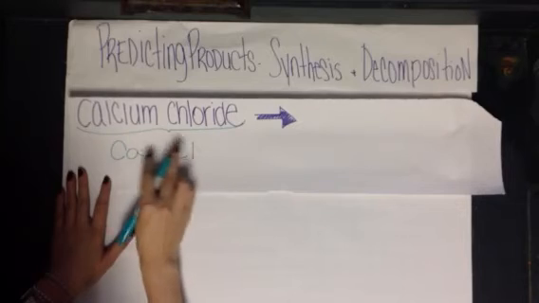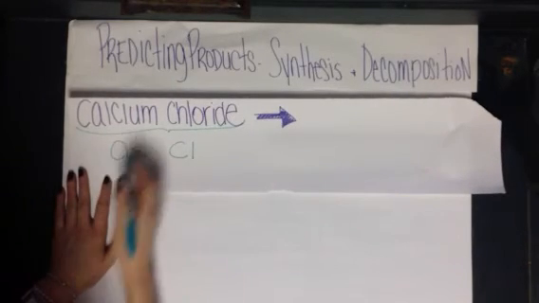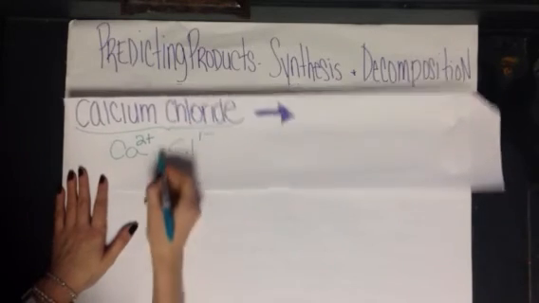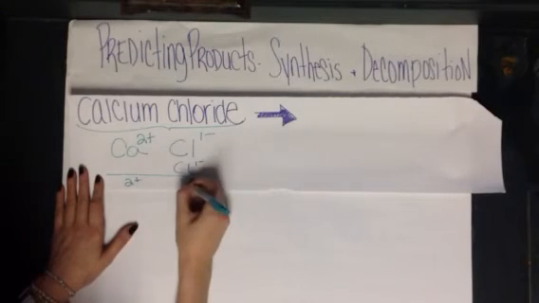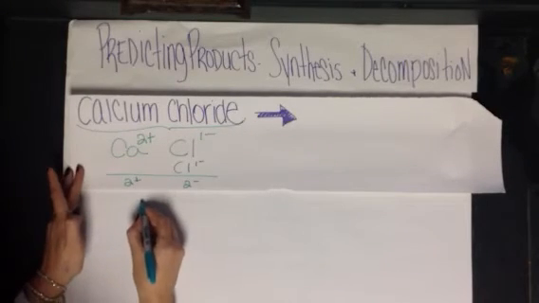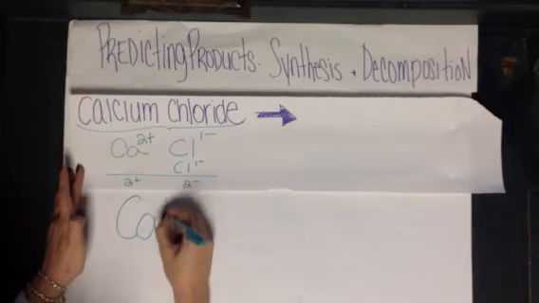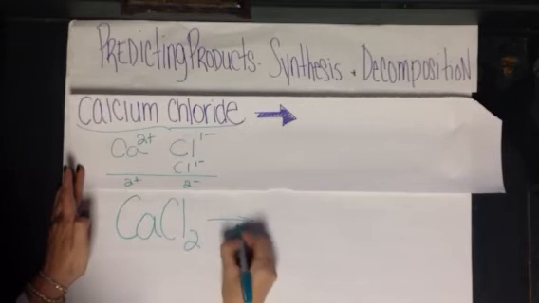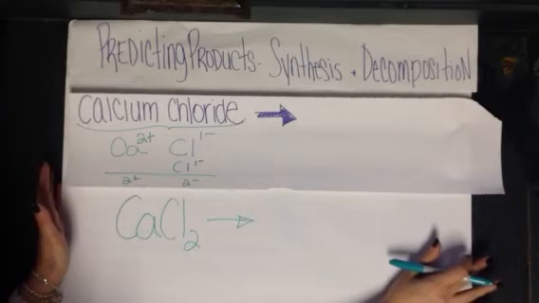Calcium on your periodic table is in the 2nd column, so it gets the 2 plus. Chlorine is in the 1 minus column. So I'm going to need 2 of these chlorines to balance out the 2 plus on this side. So when I write this final formula, I'm going to have CaCl2 yields. Now I'm ready to break this down and decompose it.